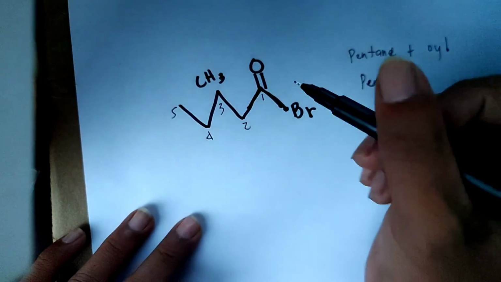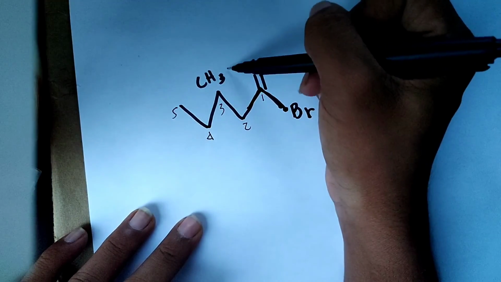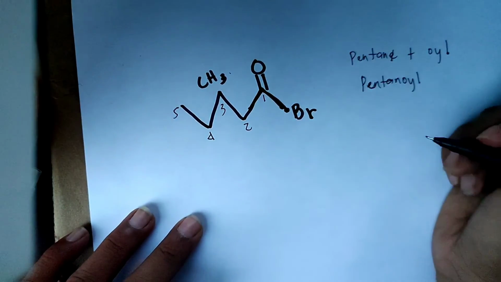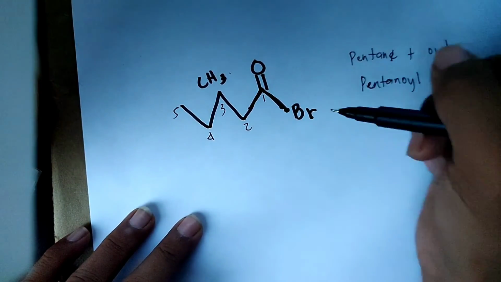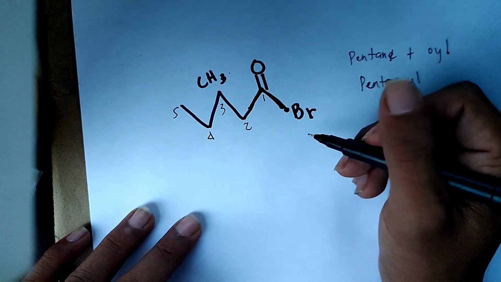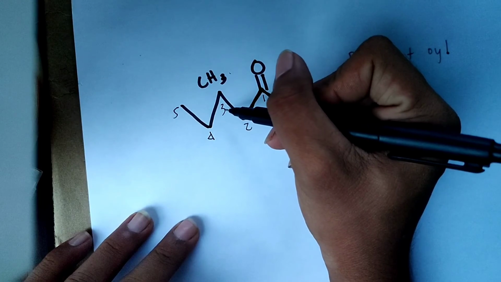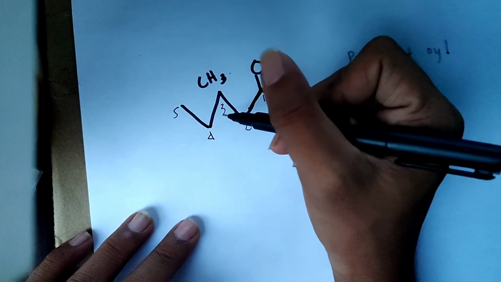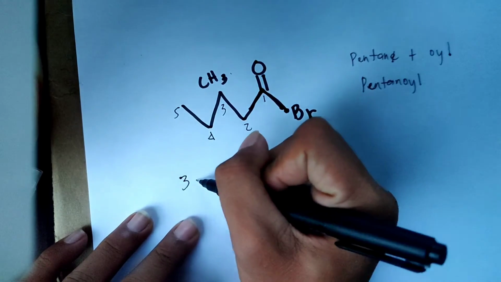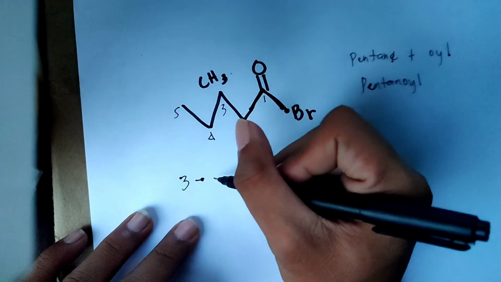But, meron tayong nakikitang methyl group na naka-attach dito sa third carbon. And, meron ding bromine. So, how do we name this one? Uunahin natin yung number na kung saan naka-attach yung methyl group. Yan, which is 3 dash. Lalagay natin yung methyl.